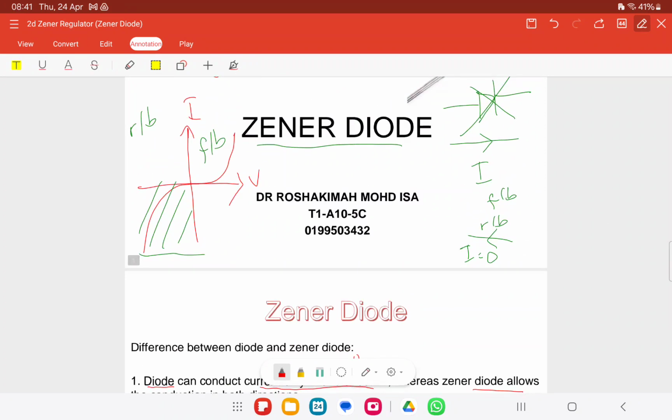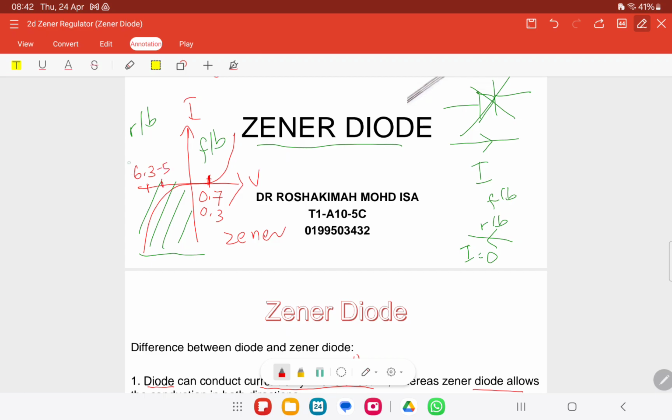If you look at the IV characteristic that I shared before this, this is for the Zener. For silicon, what is the value in the IV characteristic? 0.7. If it is germanium, 0.3. For the Zener, if we use the silicon type, it is 0.7 here, but this one is 6.3. 6.3 is the avalanche value, and here it is 5.